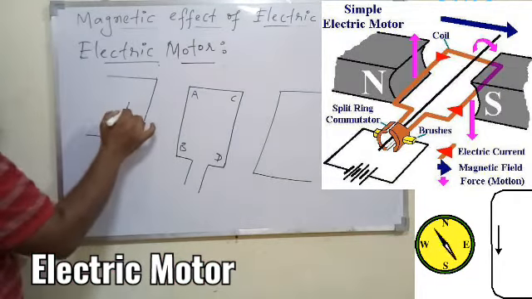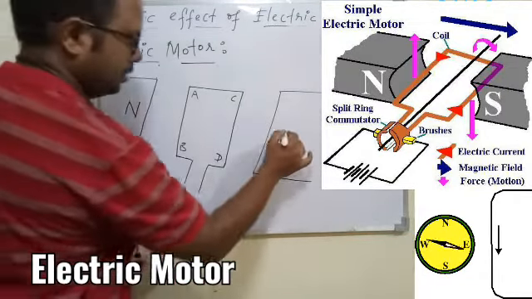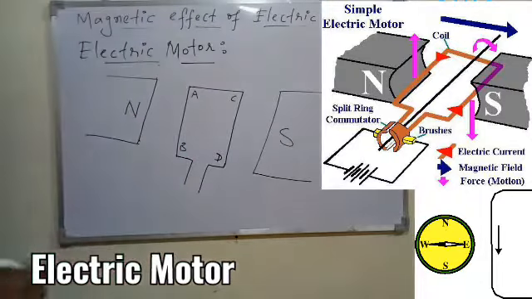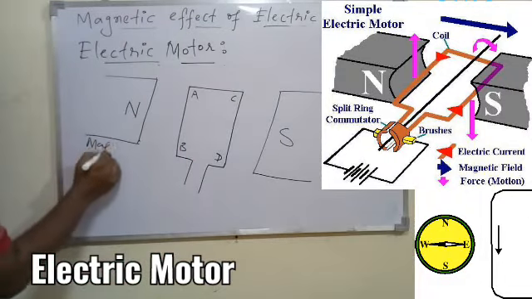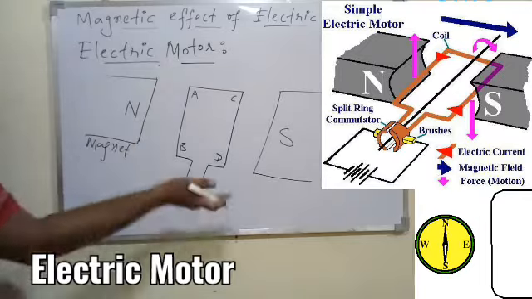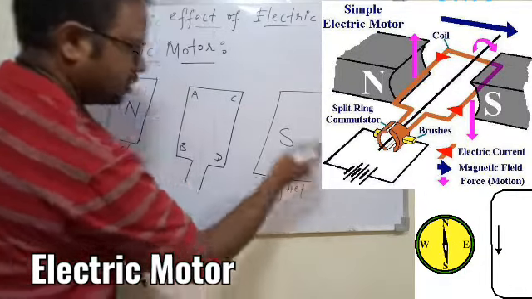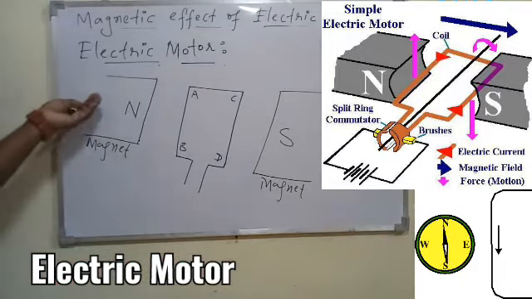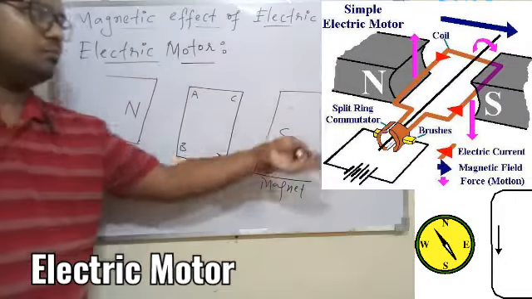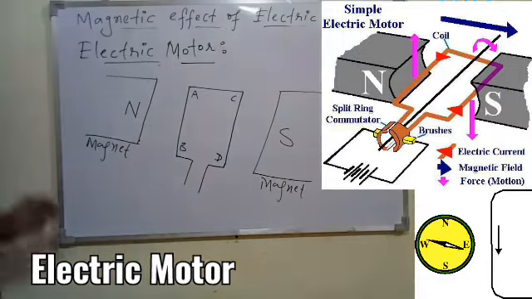Okay, so this is a north pole, for example, this is the south pole. So this is your magnet with north pole this side, and this is another magnet with south pole this side. So you understood the south pole of this will be this side and north pole will be of this side.